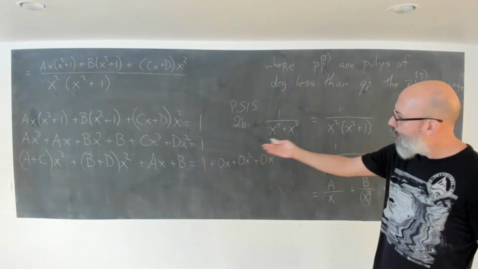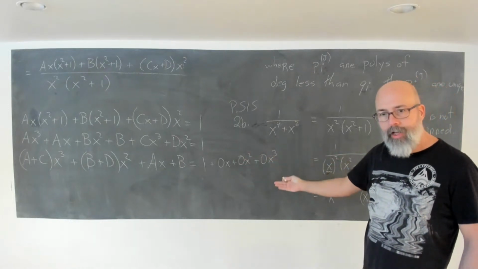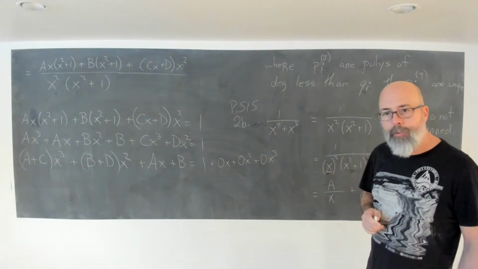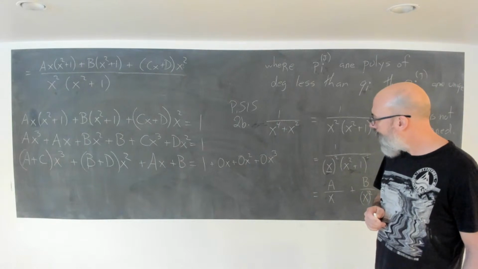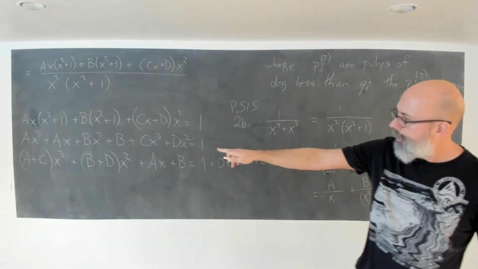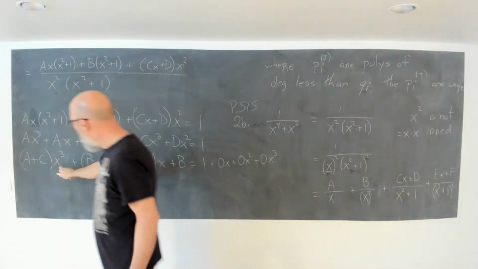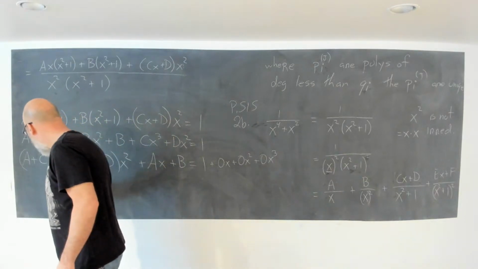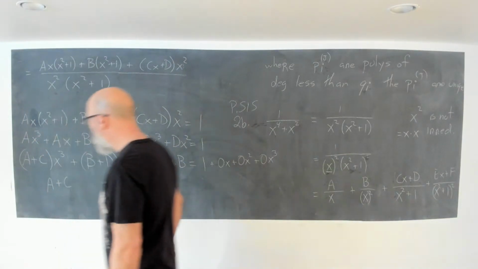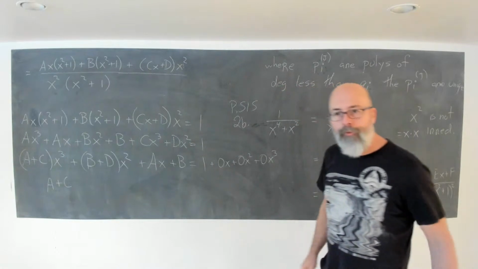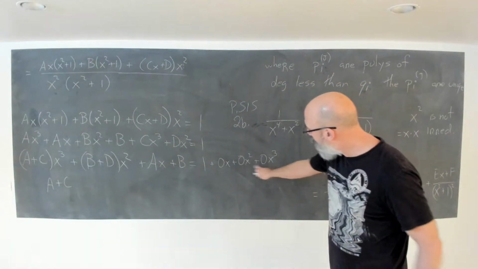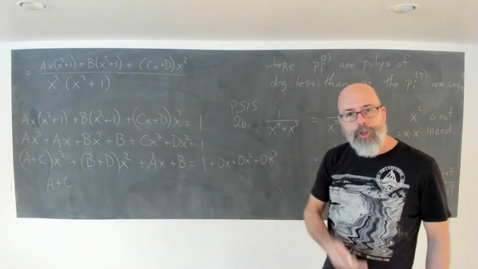And now the only way 2 polynomials can be the same is if their corresponding coefficients are the same. Coefficient of x cubed on the left is a plus c. Coefficient of x cubed on the right, you don't have an x cubed. The coefficient is 0.